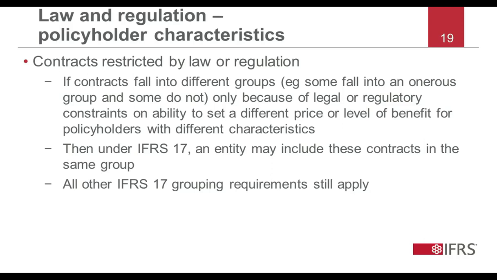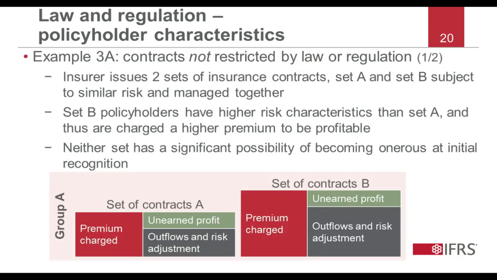This exception does not apply to the other level of aggregation requirements. The next few slides provide examples of how the IFRS 17 requirements are applied to divide a portfolio of contracts into 1 to 3 groups.